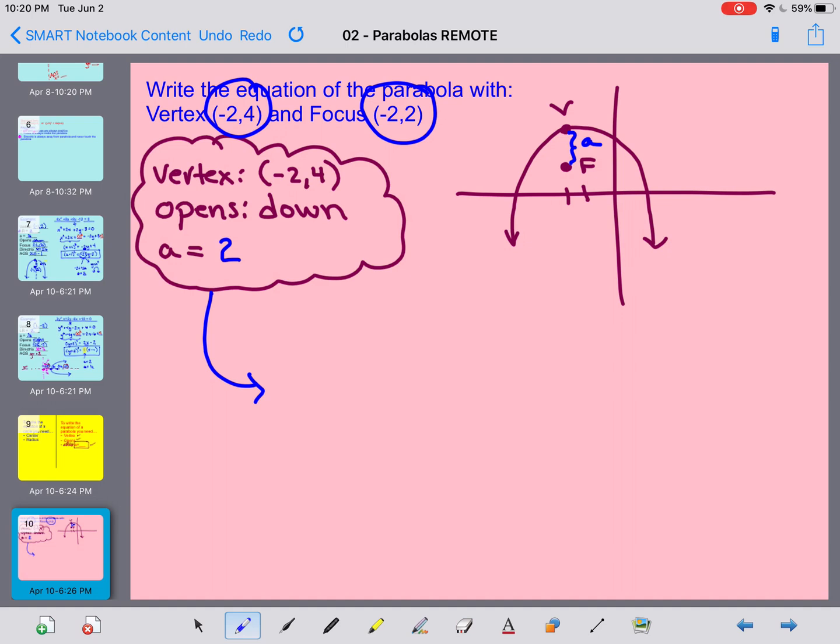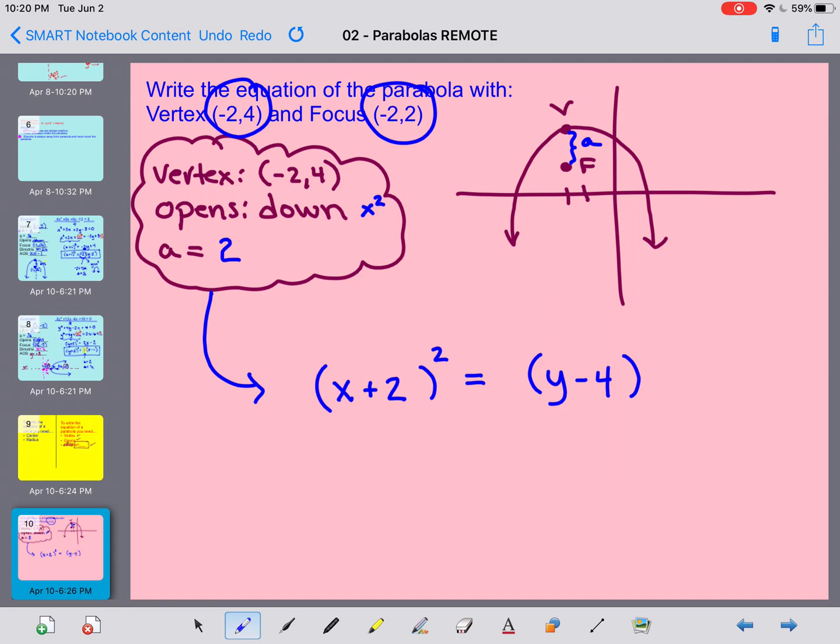First thing, figure out which variable is being squared. If the parabola opens down, that means it's y equals x squared, so I'm going to put the x on the left-hand side. That's the squared term. And then the y is on the right-hand side and it's not squared. Then I'm going to fill in my vertex. The x value goes in the x parenthesis, but opposite. The y value, the 4, goes in the y parenthesis, but opposite.